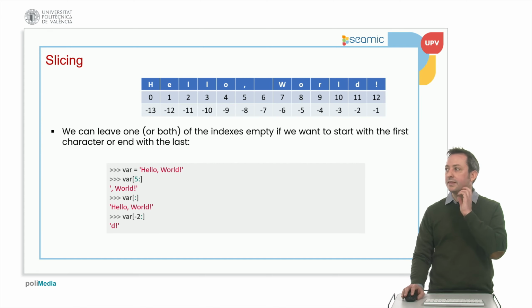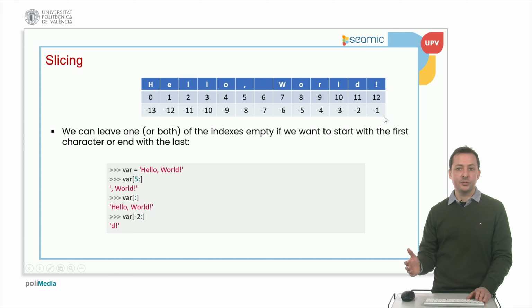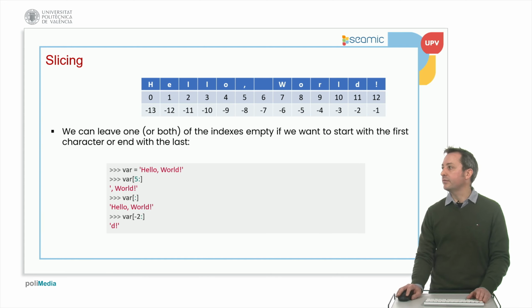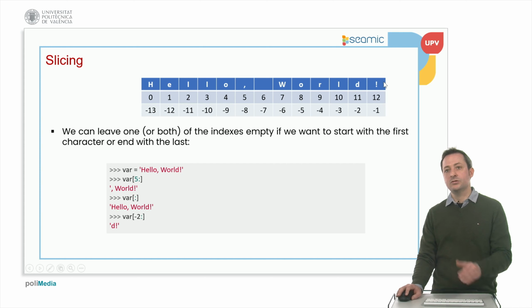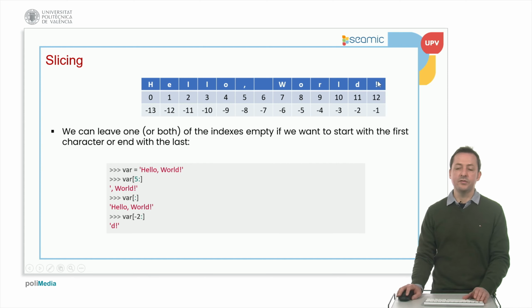Take into account that strings can also be indexed by negative positions. Here you can observe that position -1 is the very last one, -2 is the previous, and so on until the beginning. These negative indexes are more difficult to understand, but are quite used when we want to access the very last positions of the strings.